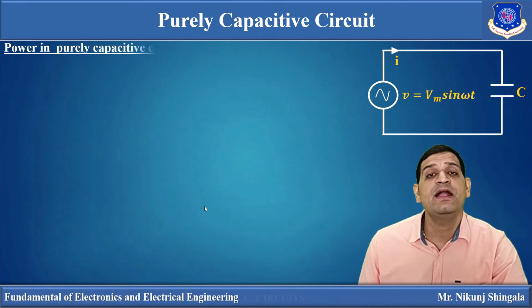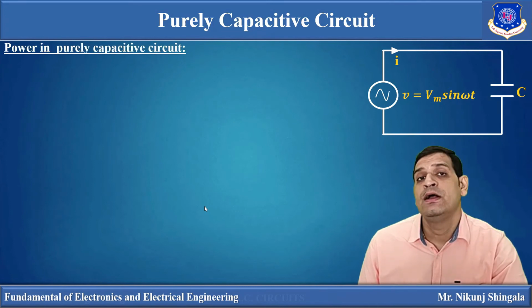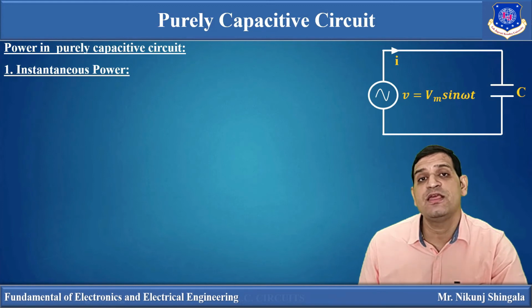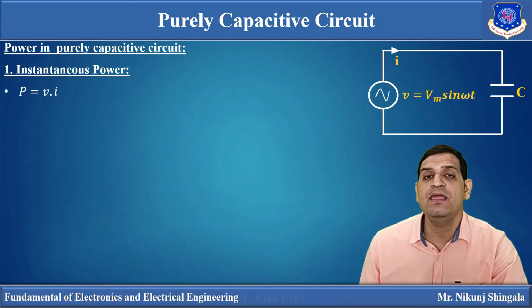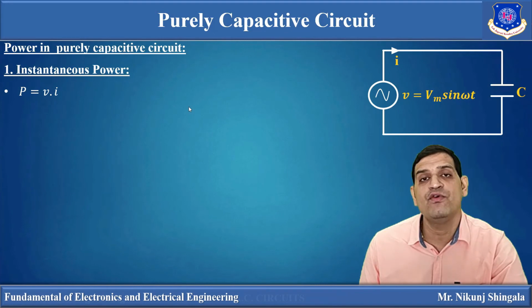Now, finding the expressions for instantaneous power and average power for a purely capacitive circuit. Instantaneous power is given by the product of the instantaneous values of voltage and current. So we can write P is equal to V into I, where V is the instantaneous value of the voltage and I is the instantaneous value of the current.